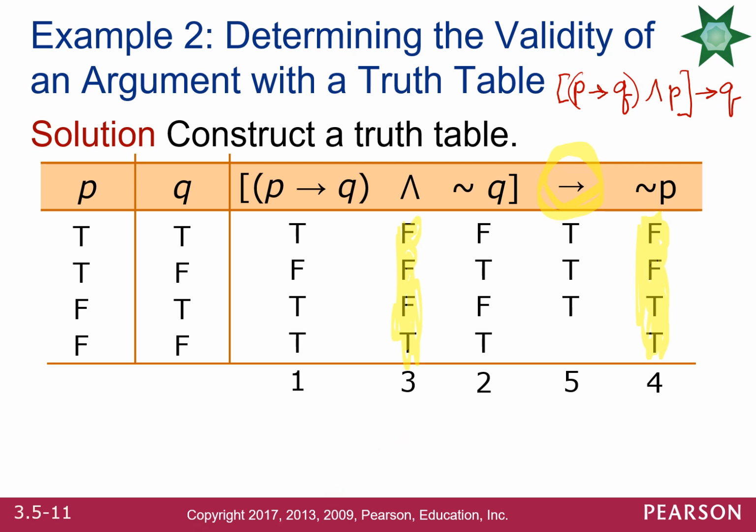And finally, we have a true and a true, which should be a true. So we find that all of these values are true, therefore it makes it a tautology, and if it's a tautology, then the argument is valid.